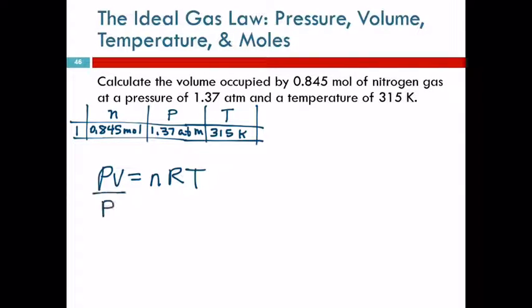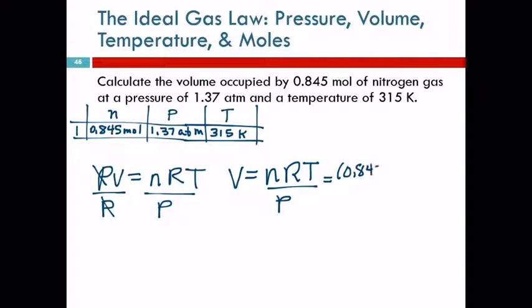So we'll divide by P on both sides. These P's cancel out. So volume equals nRT divided by P. So I've got N labeled there, 0.845 moles. I'm going to start again at the bottom.